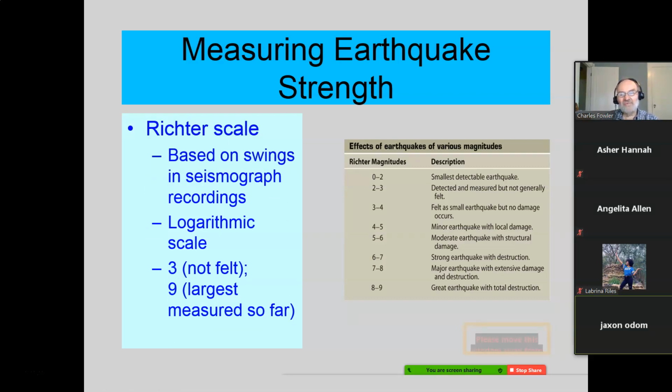So even though there was way more damage in Haiti, the main reason for the damage was that buildings were made just out of concrete blocks, not even reinforced steel. And so when something shook, they just fell apart on people. I mean, it was devastating there, but mostly because they didn't have strong building codes.